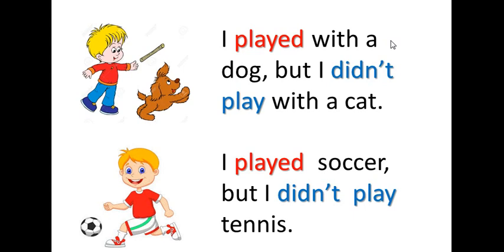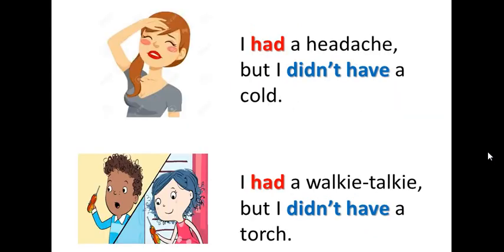Didn't is the word that helps us to know that the sentence is in past. Did is in past, and this part is negative. Didn't. After didn't, always the verb goes in present. In this case, play. Remember that.